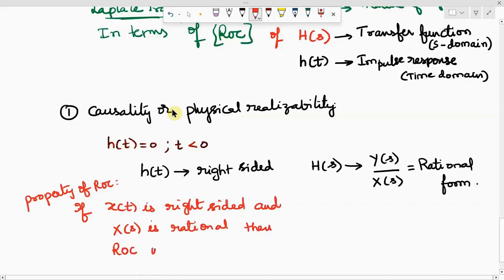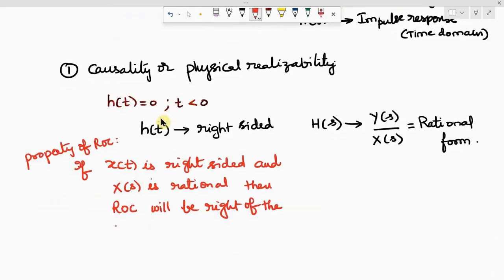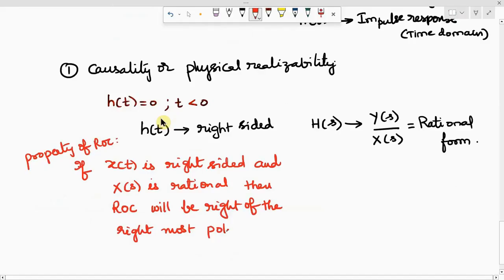Right of the rightmost pole. Nice. The ROC will be right of the rightmost pole.